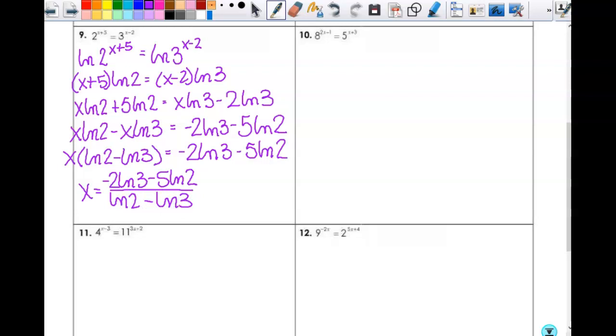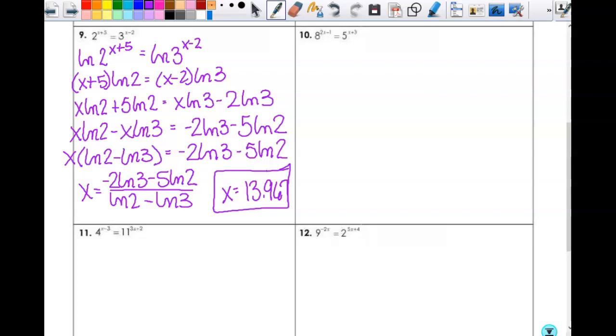No. So I just type that in just like it is. That is the number you should get. So if you don't get that, let me know or see if you can figure out why.